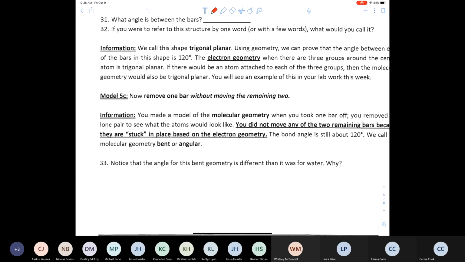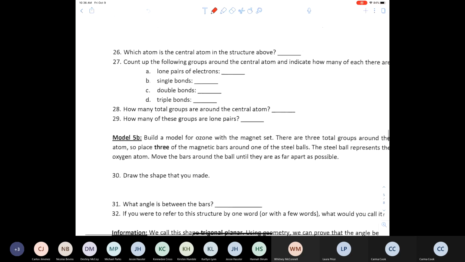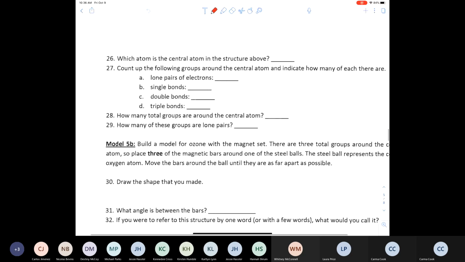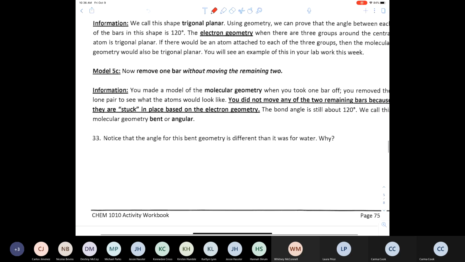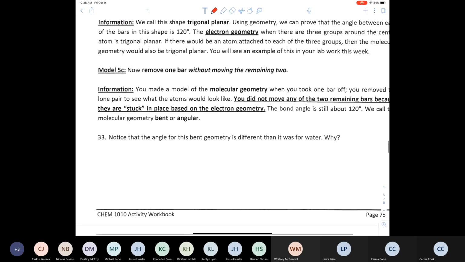For those that are in the general room, one question that I've seen concerning ozone in Model 5, question 33: the geometry or shape, what we call molecular geometry, for ozone is bent, B-E-N-T.